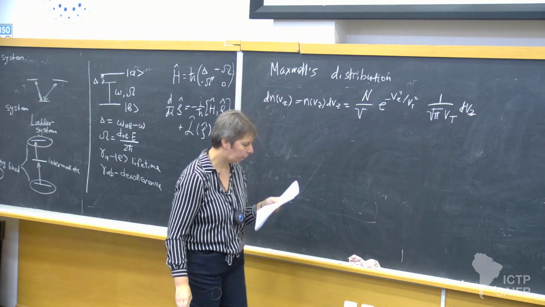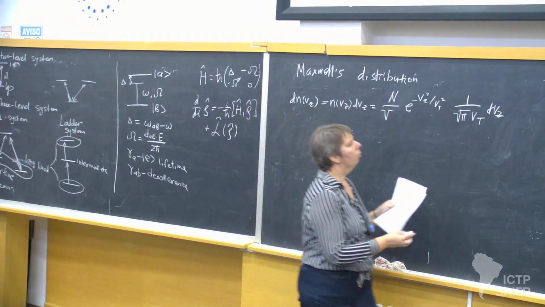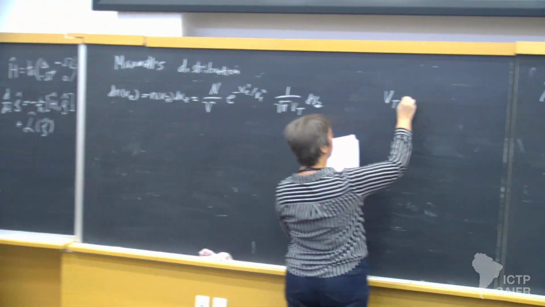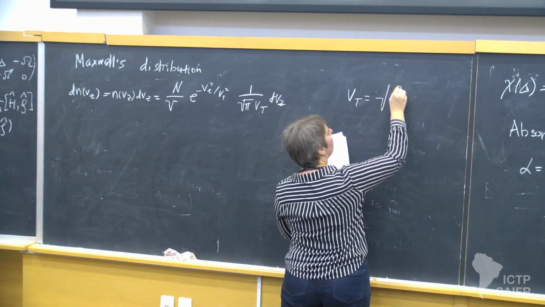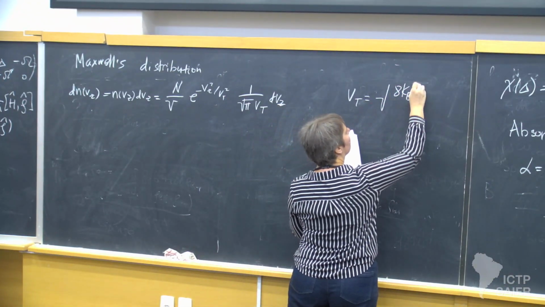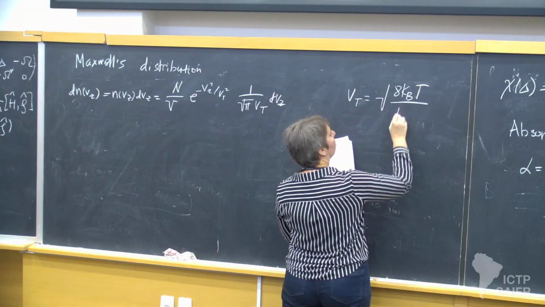And just for the record, the thermal velocity is the square root of 8 Boltzmann constant times temperature divided by pi m.